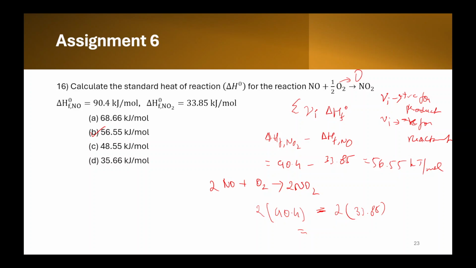So this comes out to be 113.1, which is twice of 56.55. So if this equation was given in this form, then the heat of reaction will be 113.1, which is twice of whatever value we have calculated for this.